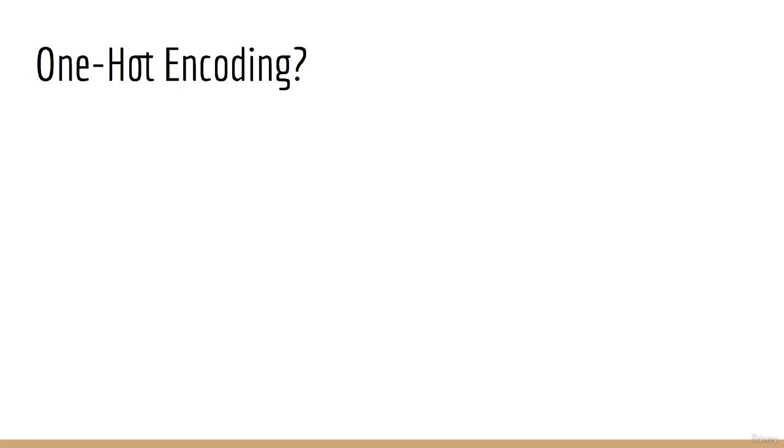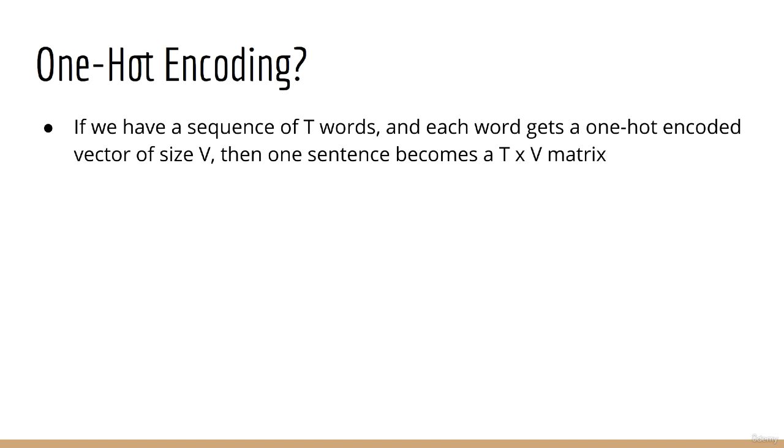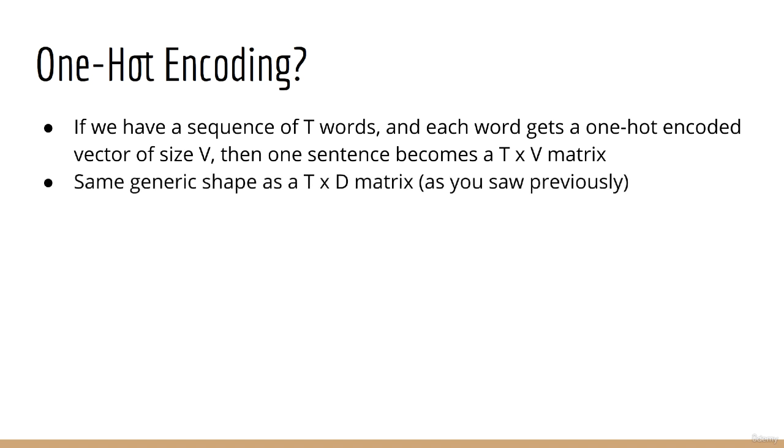So what happens after we do this? Well, now we can go back to our usual scenario. If we have a sequence of T words and each of them becomes a vector of size V, then we have a T by V matrix, which represents our sequence. This is the same shape as a generic T by D sequence. We can then pass this into our recurrent neural network as normal. So let's do a very simple example.